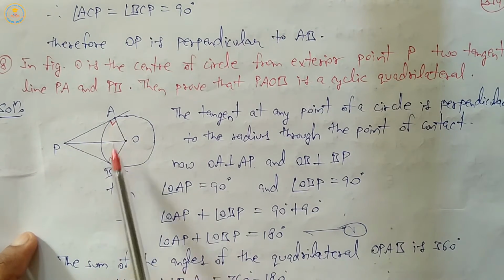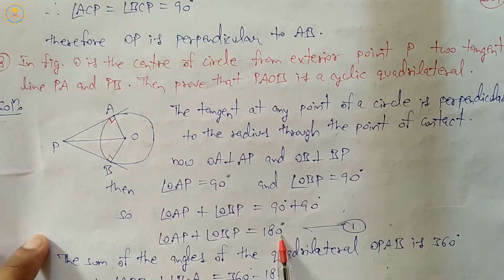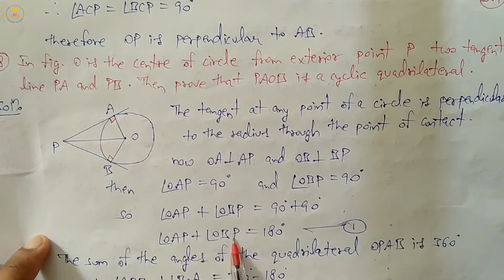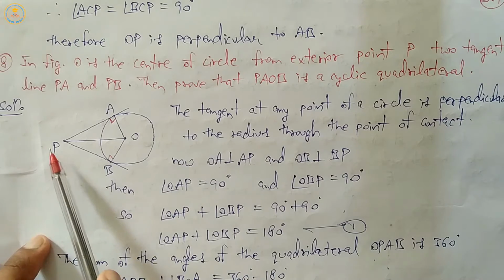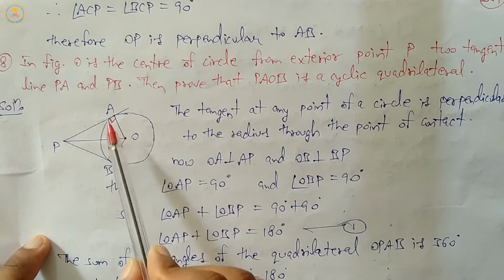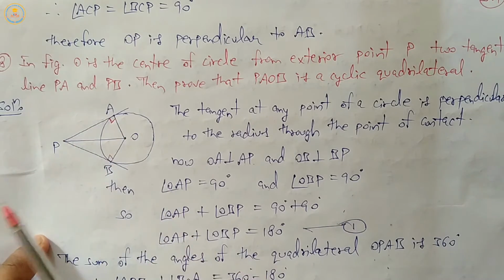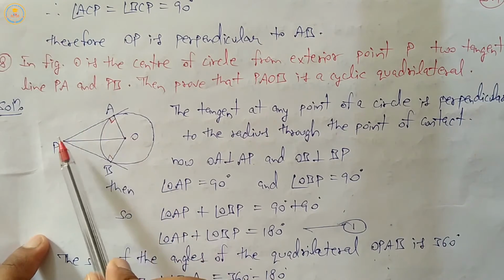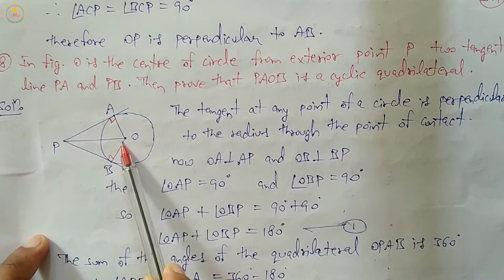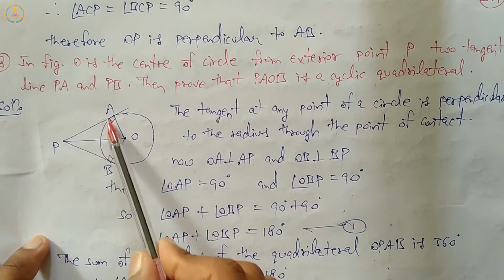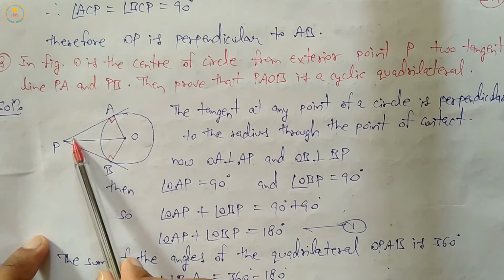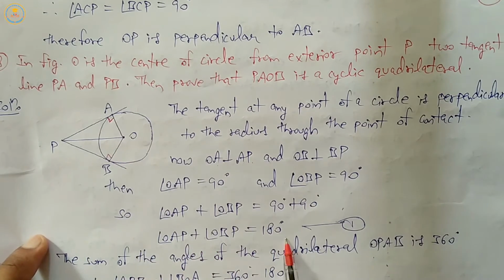Therefore A plus B equal 180 degree, equation first. POAB is a quadrilateral, sum of angles of quadrilateral is 360, then angle A plus angle P plus angle B plus angle O equal 360 degree, A and B 180, so angle P plus angle O equal 180 degree.